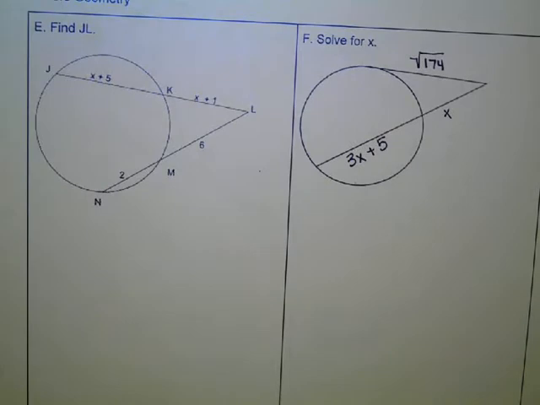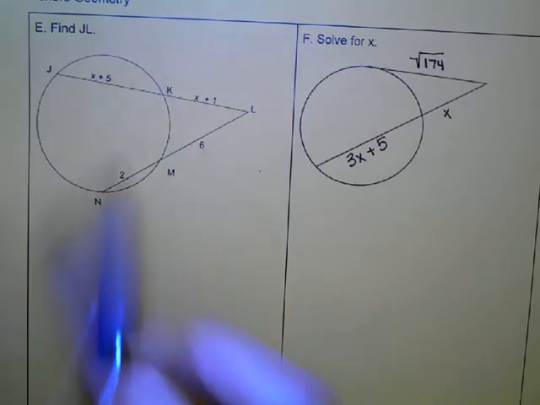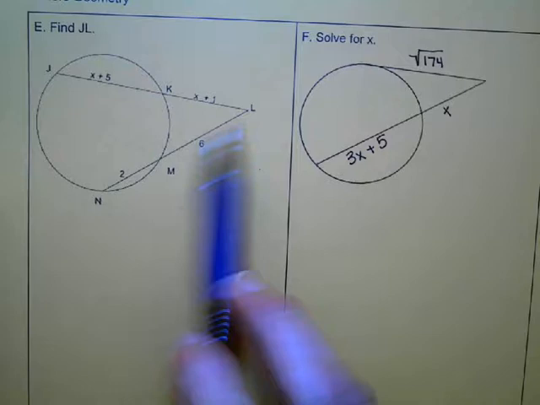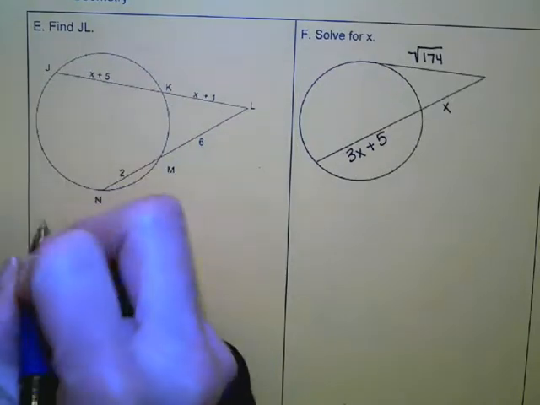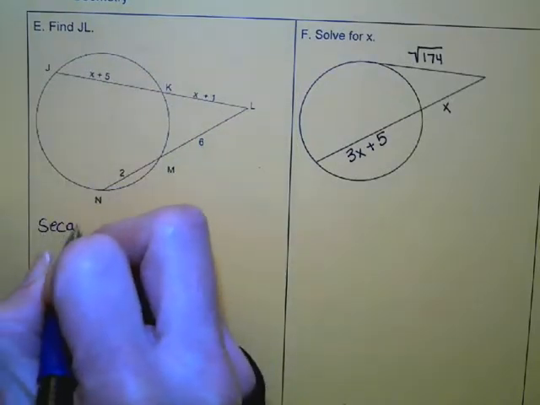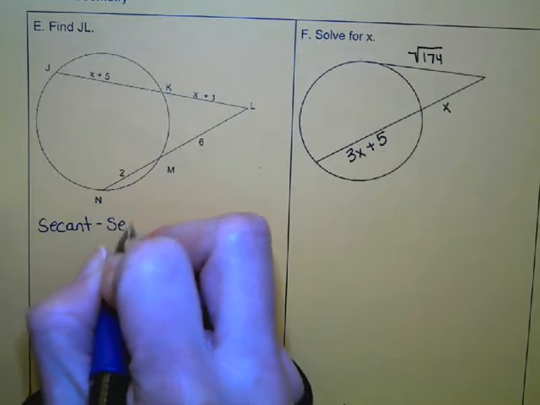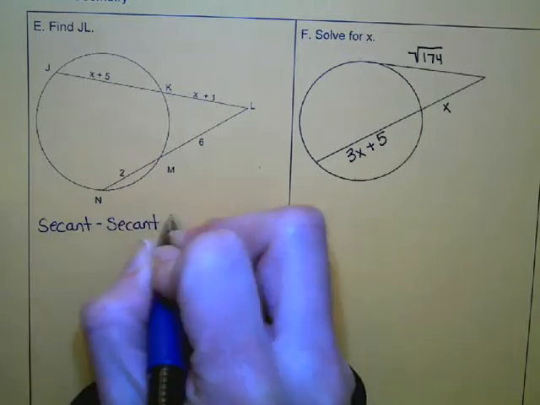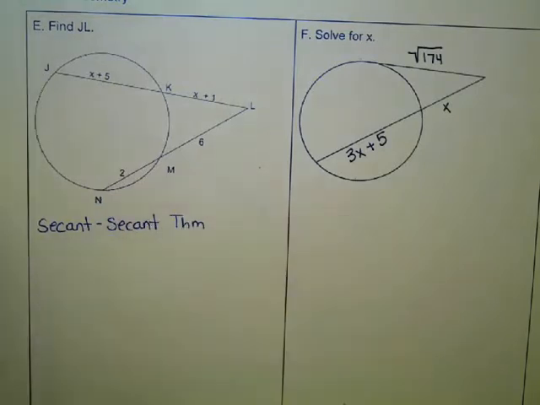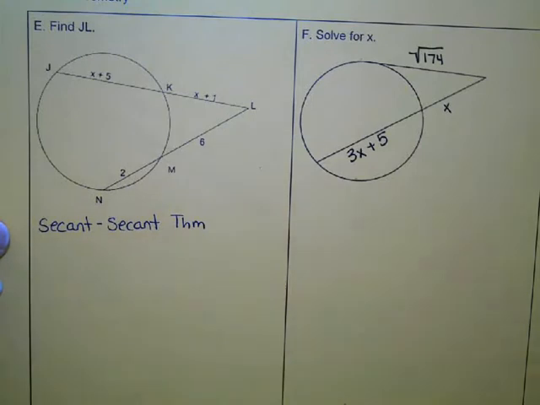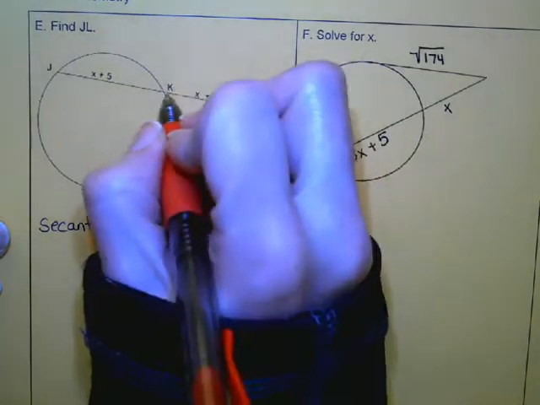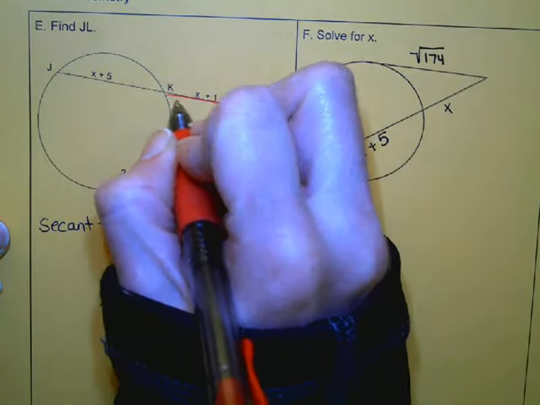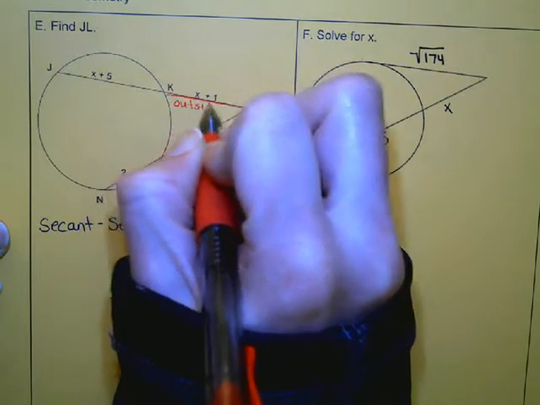So, this would be a secant. This is a secant. So, again, you do outside and then times the whole length.